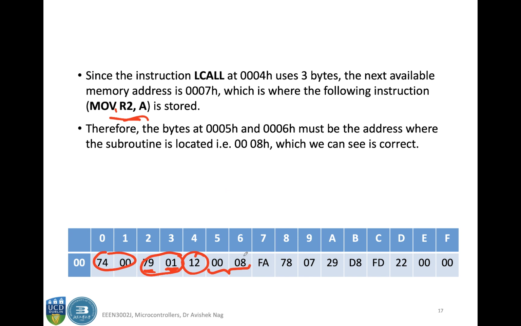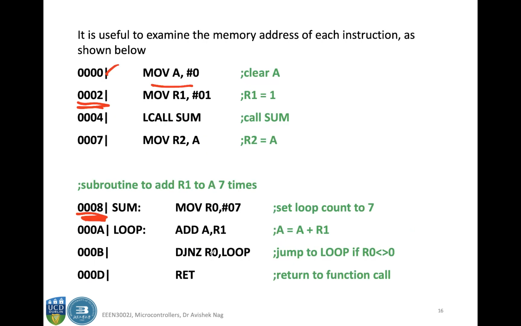Here if you look into the code, you are writing LCALL, and then you are writing sum, which is basically moving to this line labeled as sum.